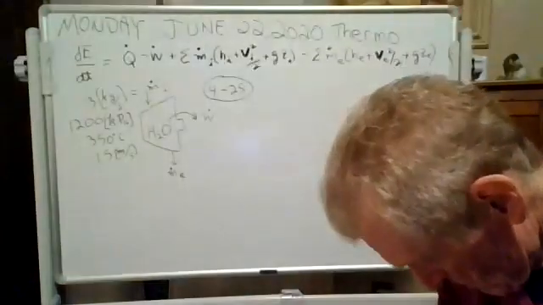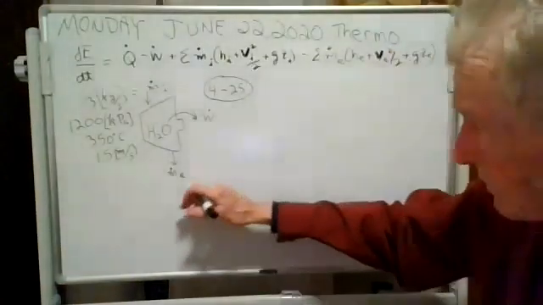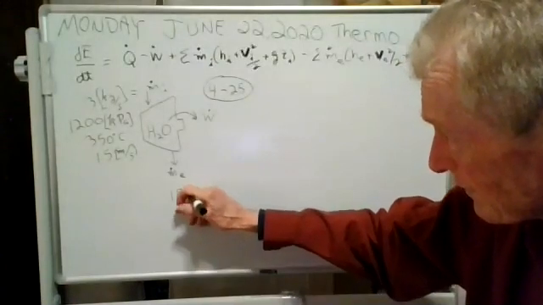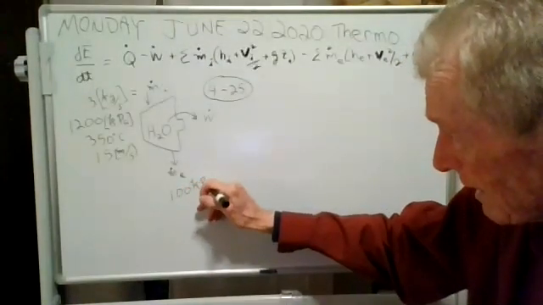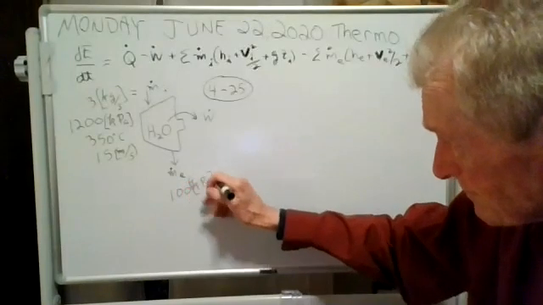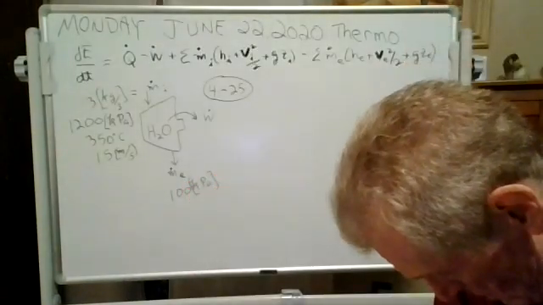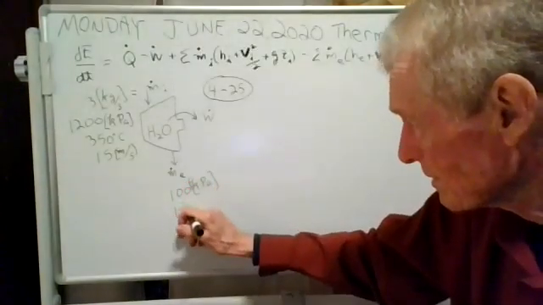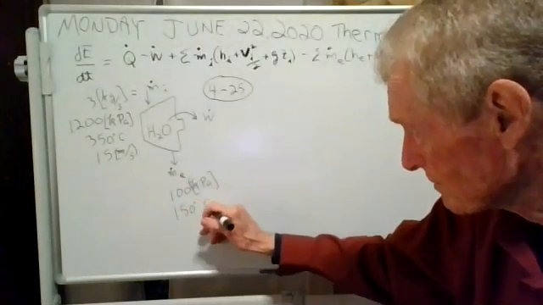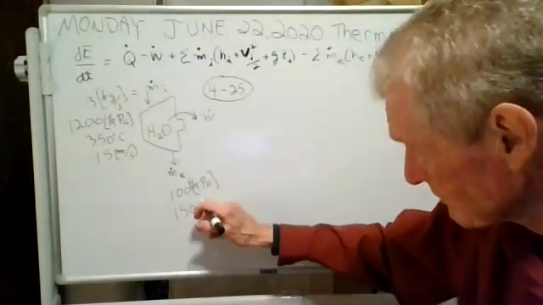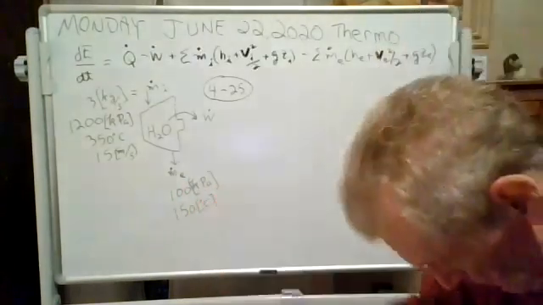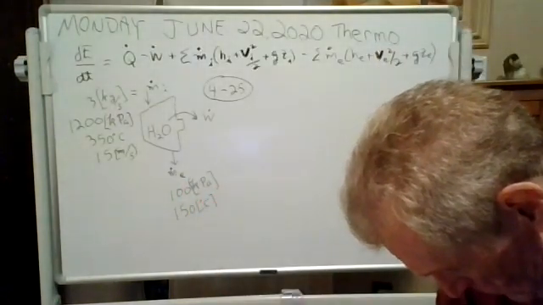All right, the exiting is at 100 kilopascals and 150 Celsius. Very low velocity.